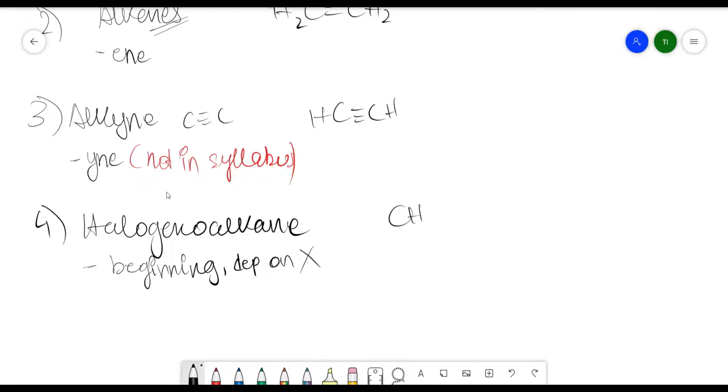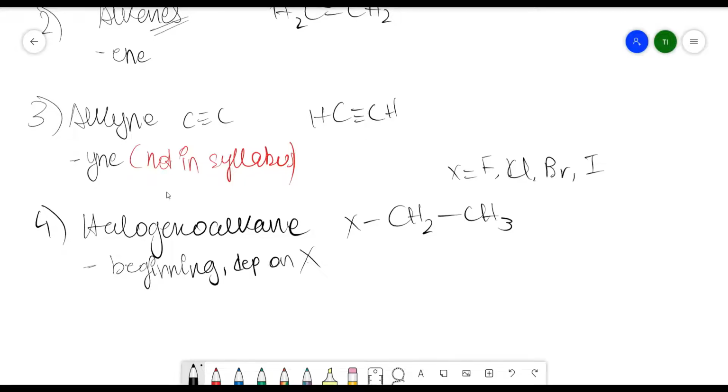So let's say we have CH2, CH3, and we have X, where X can be, well, it's a halogen, so it can be F, Cl, Br, I. Astatine is never seen in your A-level chemistry as a halogenoalkane. So we just use F, Cl, Br, I. If it's F, it'll be fluoro.